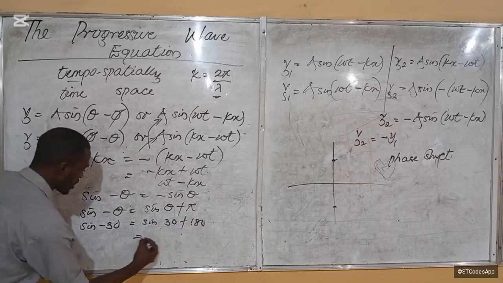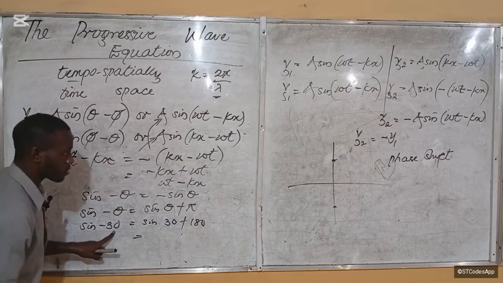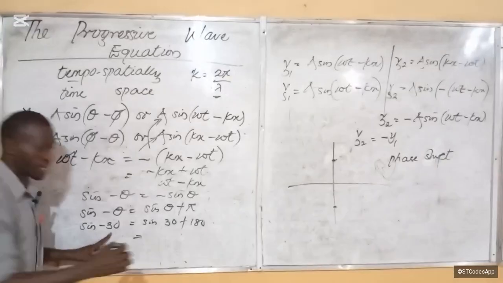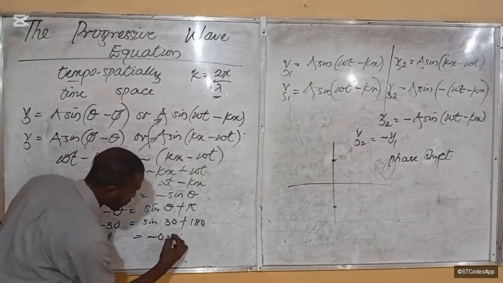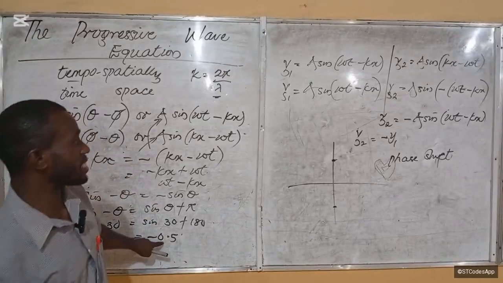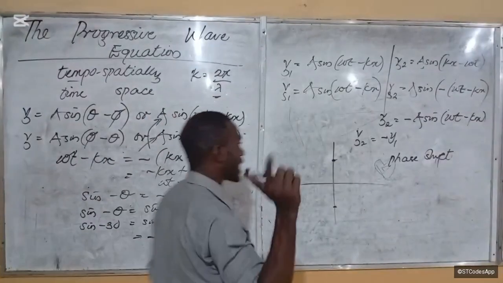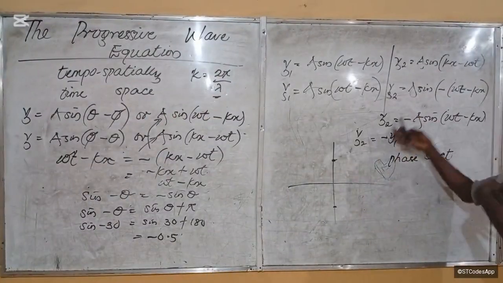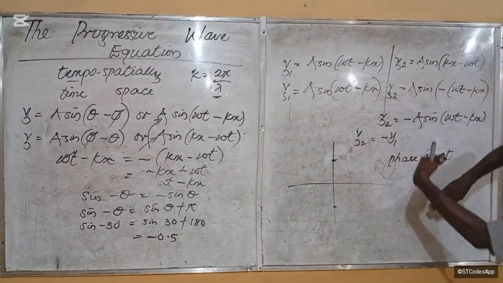Sine of minus 30 is minus 0.5, right? So this will also give you minus 0.5. You can use your calculator to verify that, all right? So I am just showing you that what we have done here is just a phase shift, all right?